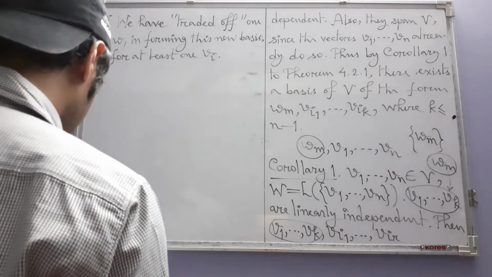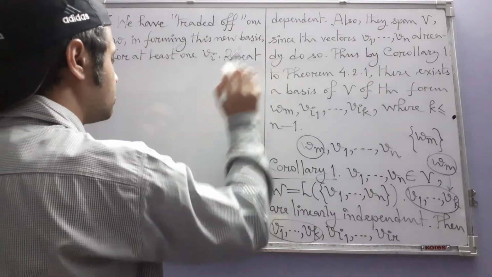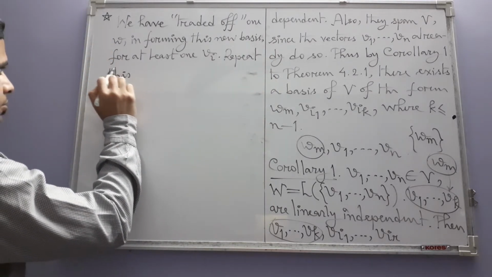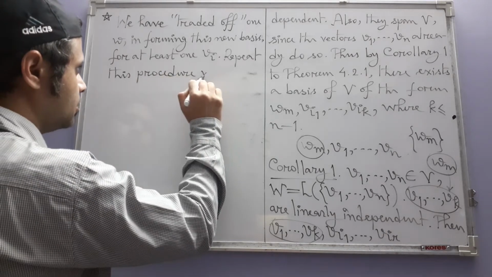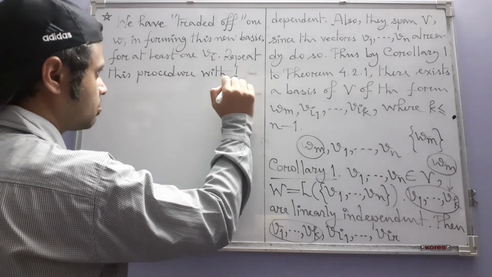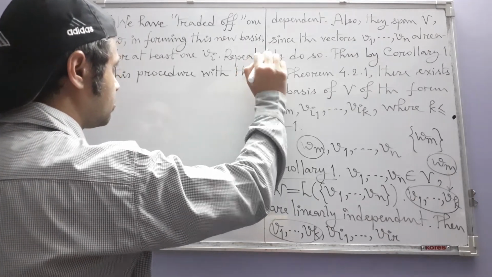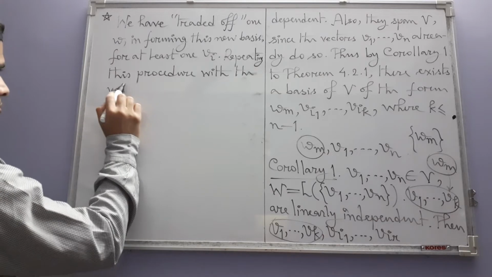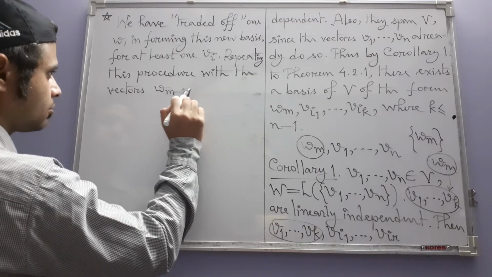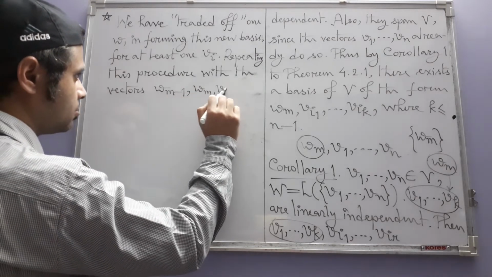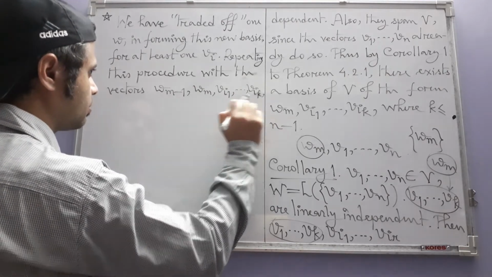Okay, now if we repeat this procedure with the vectors Wm minus 1, Wm, Vi1, etc., Vik.